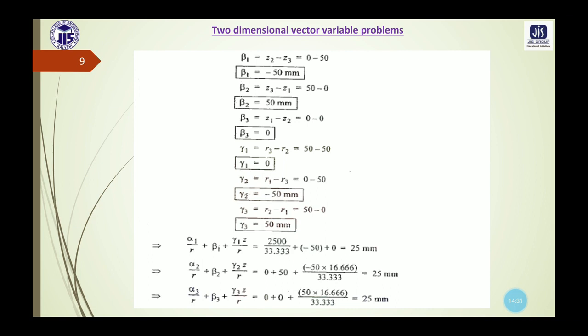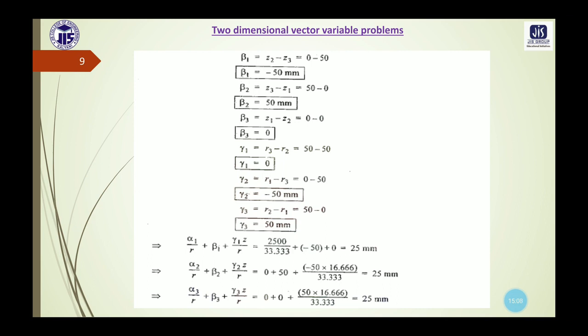Gamma 2 is R1 minus R3, so it is coming as minus 50 millimeter, and gamma 3 is R2 minus R1. So R2 is given as 50 and R1 is given as 0 in the diagram corresponding to node 2 and node 1. So gamma 3 has been calculated as 50 millimeter. So we need to remember all these formulas to calculate the values of alpha, beta and gamma corresponding to nodes 1, 2, 3.